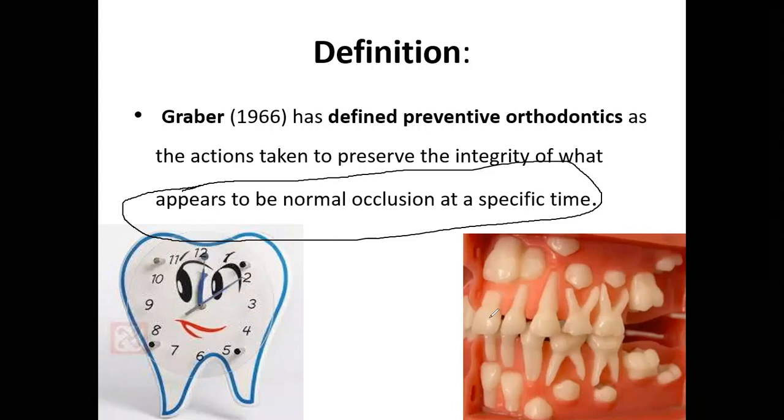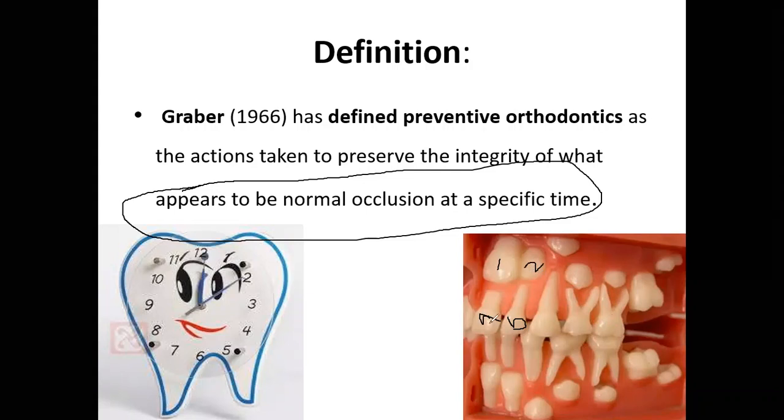As we know, this is the deciduous A that will be replaced by 1. This is B that will be replaced by 2. Means this is the deciduous dentition and this is the permanent dentition. And for every tooth, there is a specific time at which each tooth will arrive.